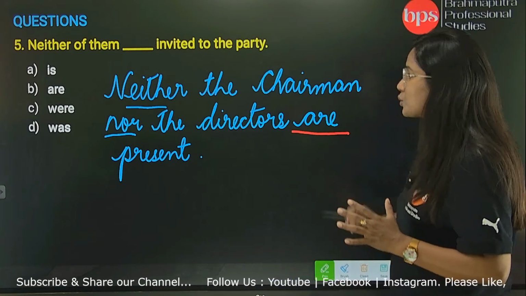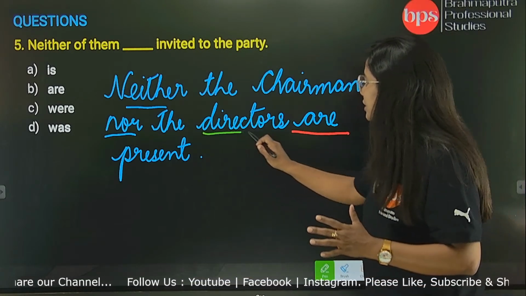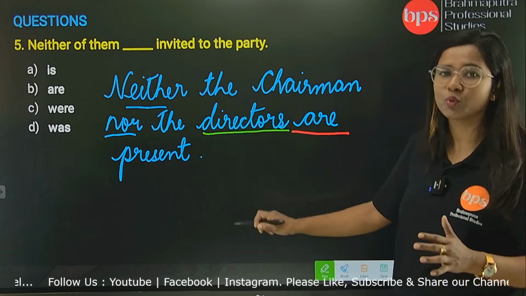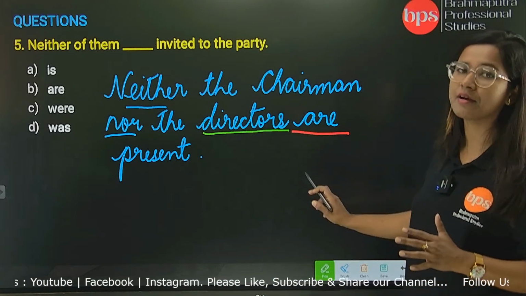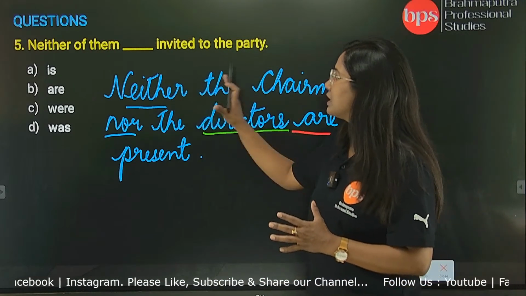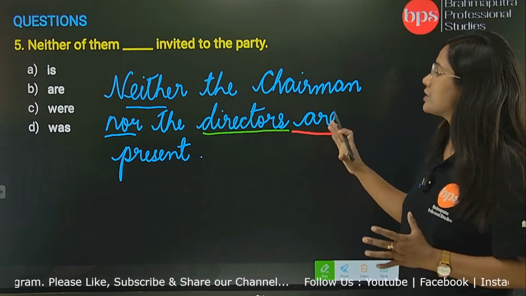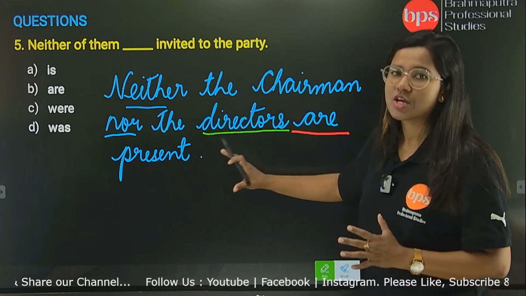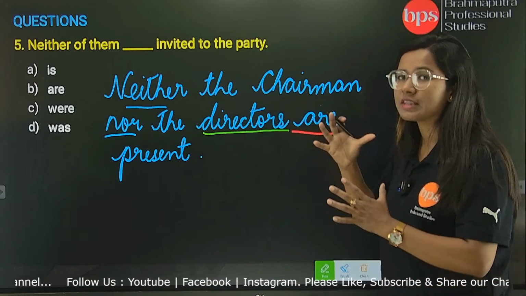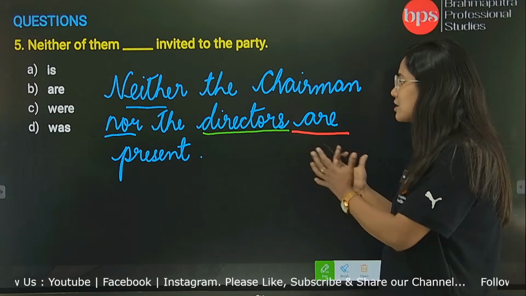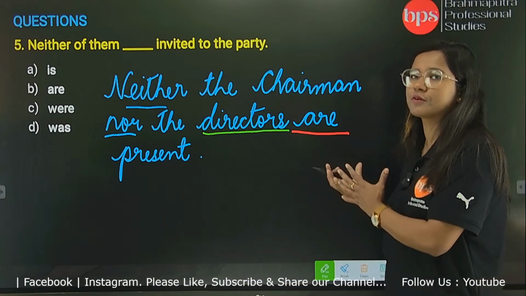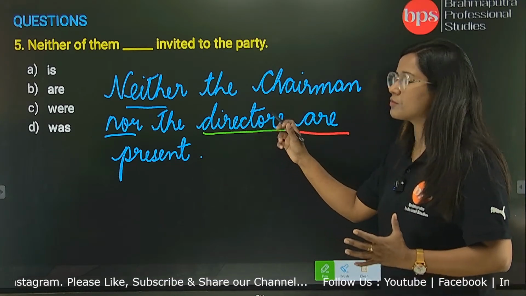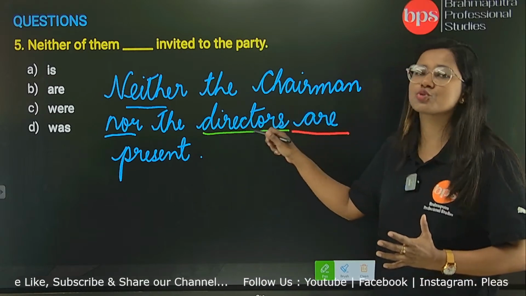Which one is near to the be verb we will refer to here, and that is directors, meaning the plural form, and here we will put are because we are not referring to the chairman but to the directors who are actually present. So we will refer to the subject which is near to the verb, and whichever is near to the verb we will put the verb in accordance to the nearness.